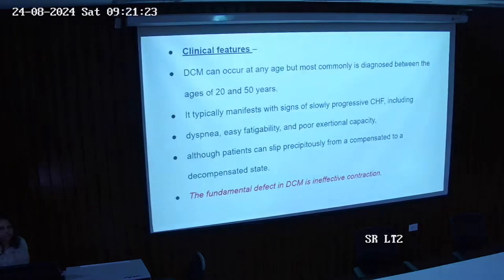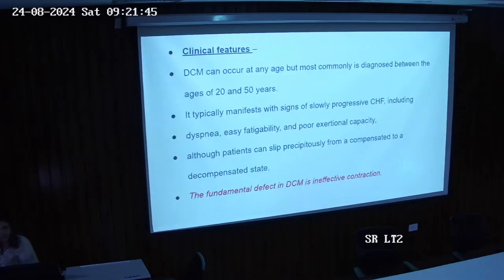What are the clinical features? It can occur at any age, but it is diagnosed most commonly between the ages of 20 to 50. How will it manifest? Slowly progressive heart failure, dyspnea, easy fatigability, and poor exertional capacity.